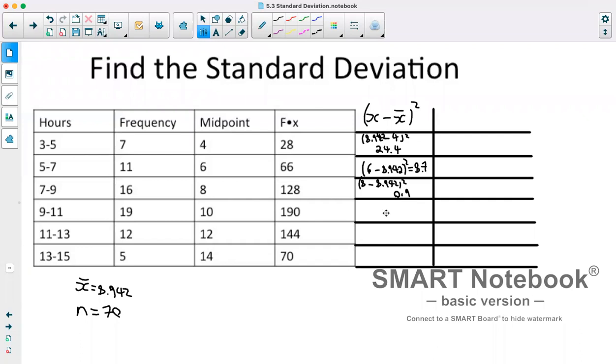Next one, we have midpoint of 10. So we've got 10 minus 8.942. And then square that gives us 1.1. Next one, we have 12 minus 8.942.